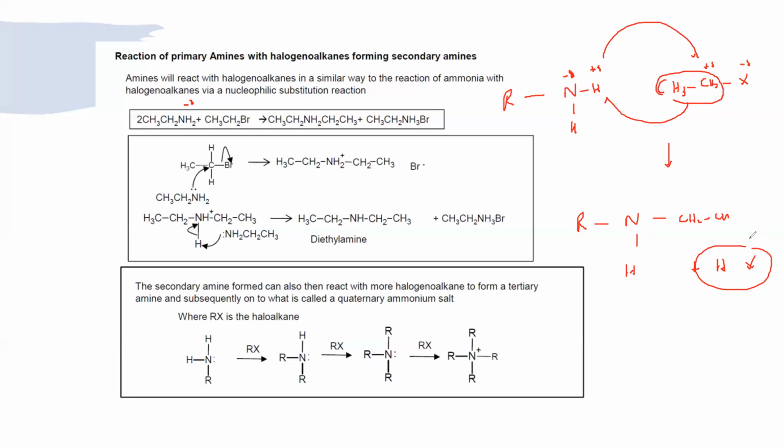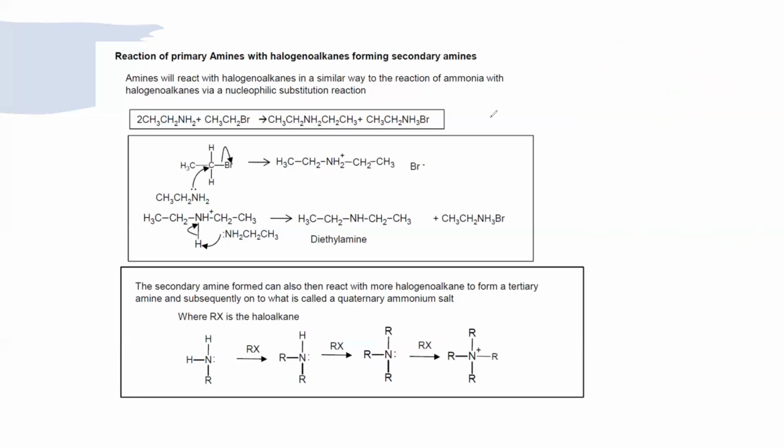So how does the reaction occur, or what is the mechanism for this reaction? It's a nucleophilic substitution reaction. If we have a halogen alkane, if I draw the structure of CH3, CH2 and Br, this carbon is partial positive and this one is partial negative.